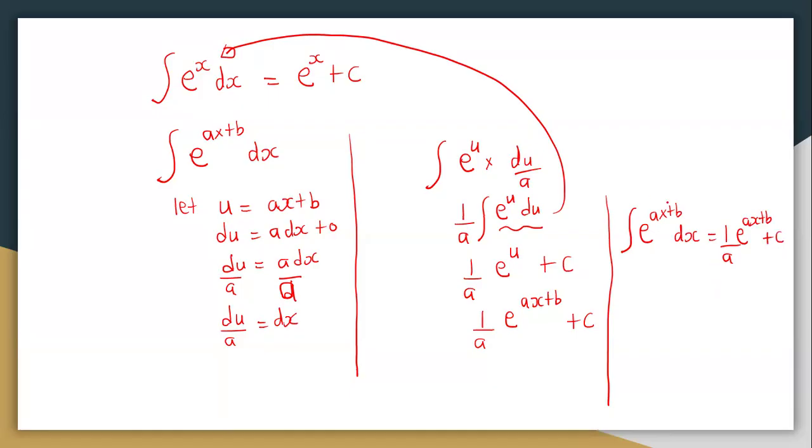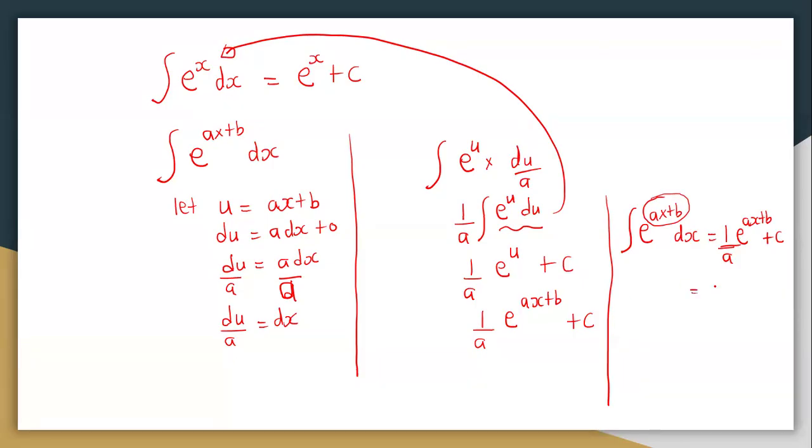So what does it mean? Always look at what you have as your power and differentiate it. After differentiating it, take what you have obtained and divide by it, and then write the original function.